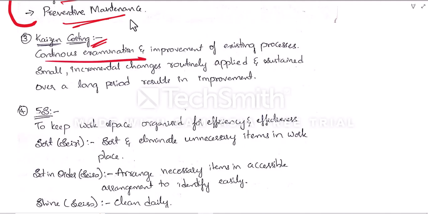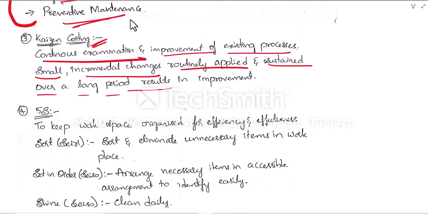So it is a continuous examination and improvement of existing processes. How will we improve that? With small and incremental changes routinely applied and sustained over a long period, resulting in improvement.